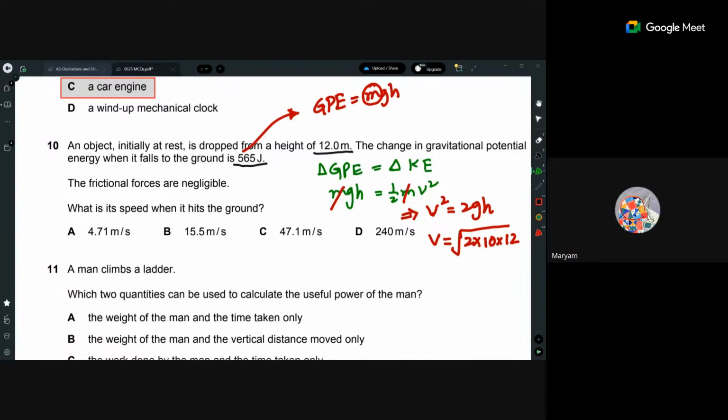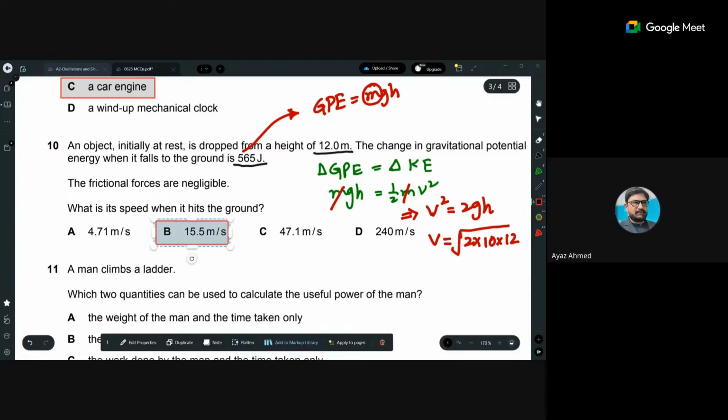If you used energy, first you find the mass from here, then you find the kinetic energy and the speed from there. Is it? Yes. Oh, okay. Got it. So it will be 2, 10, 12, 15.5, B. Yes. ठीक है.